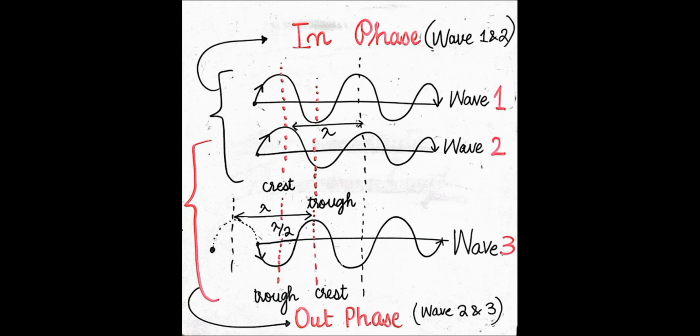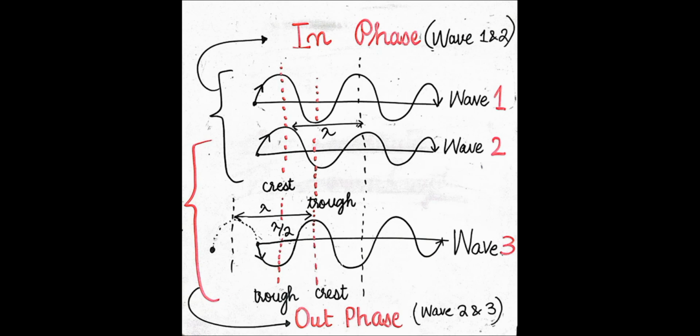You can see that wave 1 and wave 2 originate from the same point and are moving in a similar direction, right? So the crest meets the crest and the trough meets the trough. This is in phase.